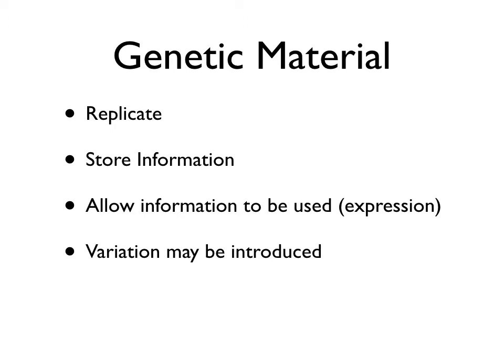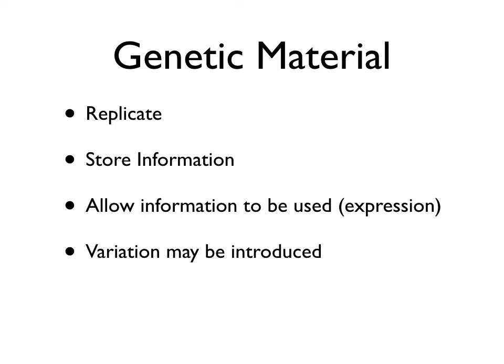Now, scientists were aware of the fact that something seemed to pass from one generation to the next. That's why parents look like their offspring. That is why Mendel's experiments were able to be done and conclusions drawn. But what wasn't understood at this time is exactly what that material is. What is the essence of this stuff that is passed from one generation to the next?